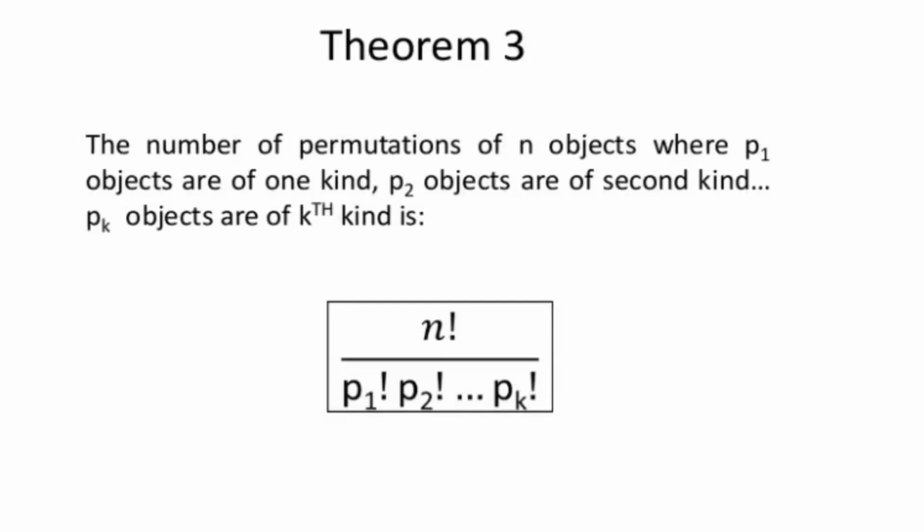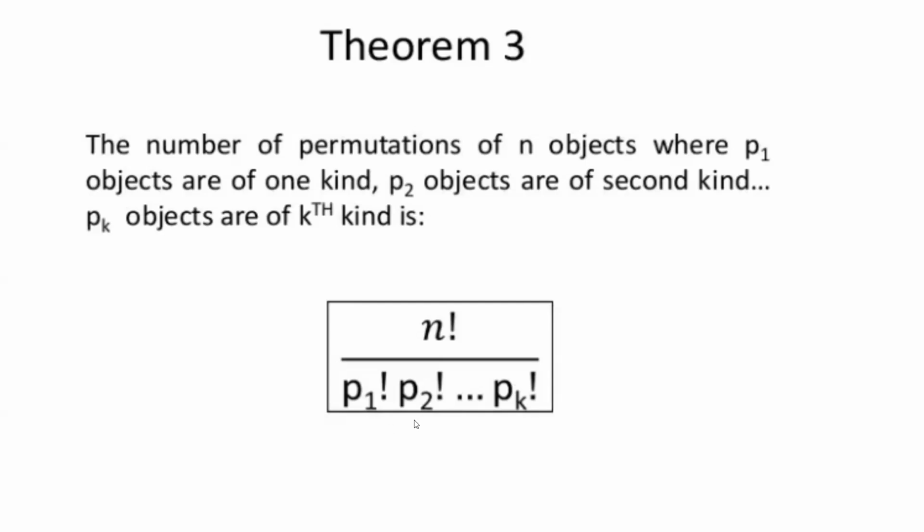Well, here it says, the number of permutations or arrangements of n objects where P subscript 1 objects are of one kind, P subscript 2 objects are of a second kind, and so on, up to P subscript k objects of the kth kind, is, and often you might not have P1, P2, P3, P4.